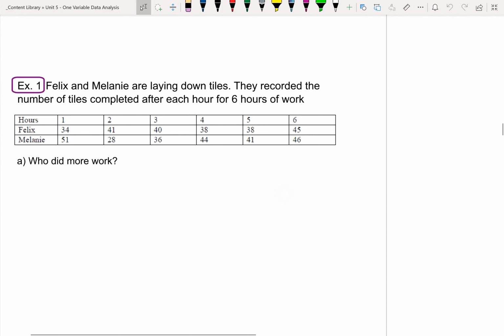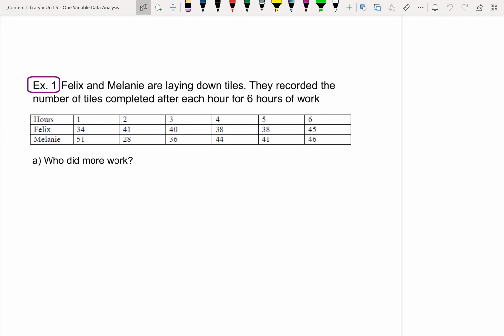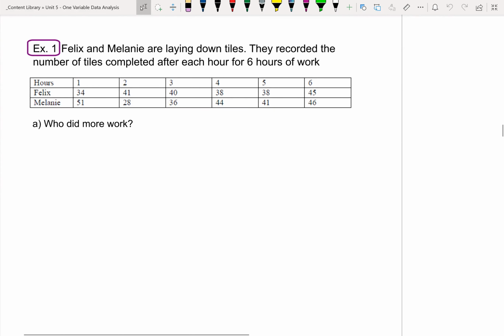So in our first example, Felix and Melanie are laying down tiles. They recorded the number of tiles completed after each hour for 6 hours of work. Part A wants to know who did more work. Well, you could look at Felix and how many tiles he laid over the 6 hours.